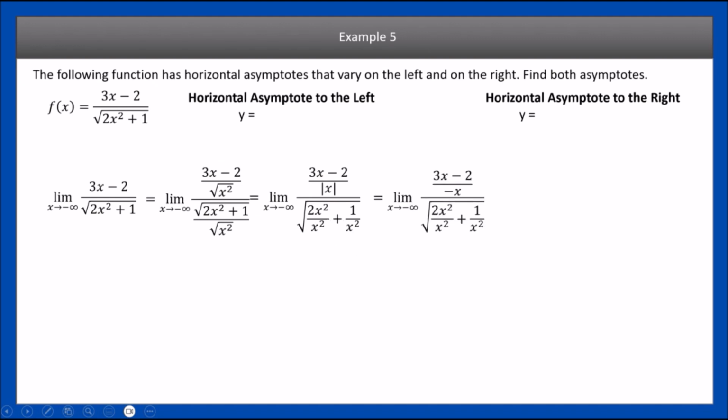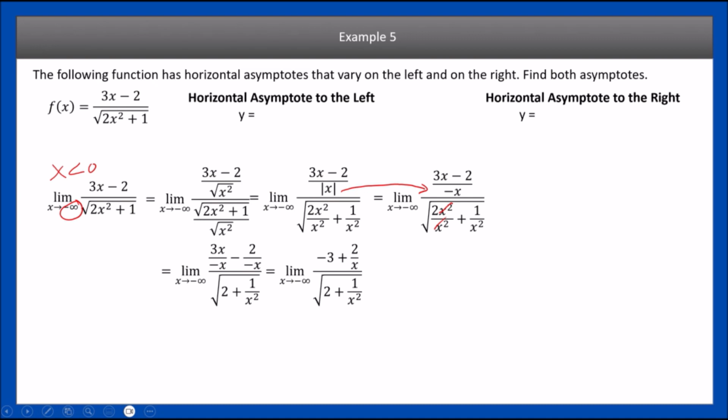I forgot to cancel it here, but let me just say that they're canceled. Now here, this turns into negative x because now we're using the definition. Since we're doing the limit at negative infinity, that means x is less than 0, right? x is negative, so we have to apply the definition. Since x is negative, this turns into negative x.